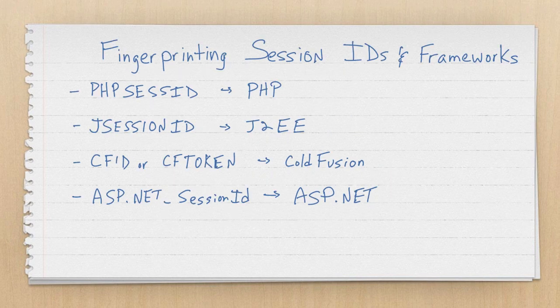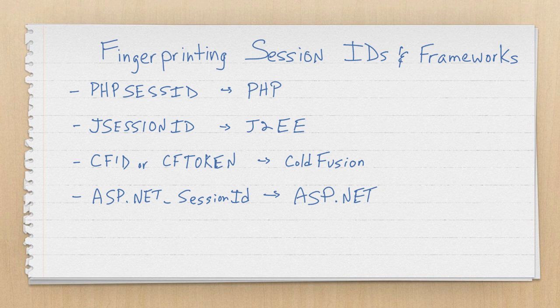For example, you can easily fingerprint a PHP session ID, or PHPSESSID, and of course, that it's a PHP development framework behind it. You also have things like a JSESSIONID that is used with J2EE, and CFID and CFTOKEN that is used for ColdFusion, ASP.NET_SessionId, and of course it's used by ASP.NET and many, many others, right?